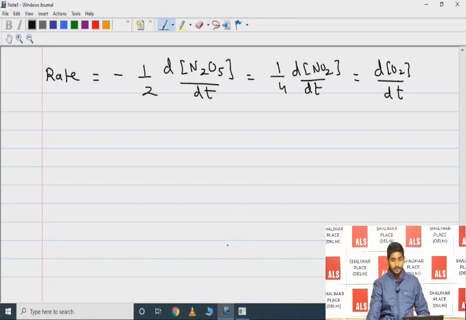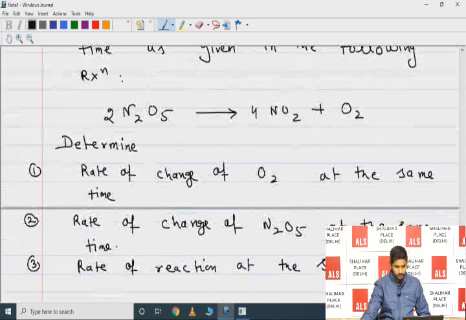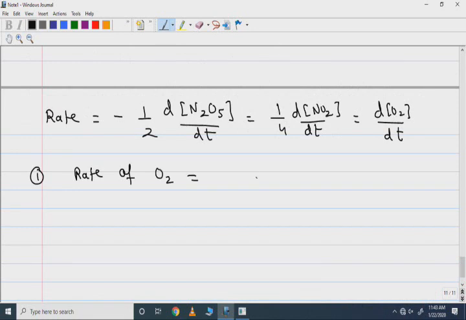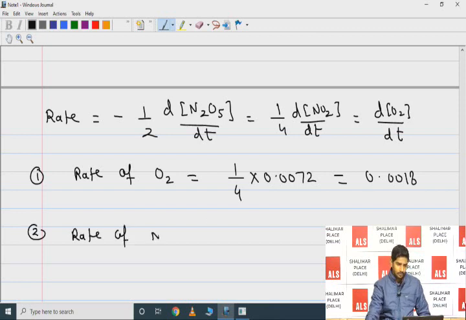Actually, in the question, they have already provided you the rate. Okay. So first of all, I have to calculate the rate of change of O2. So rate of O2, I can say this is nothing but 1 by 4 into 0.0072. So this one is 0.0018. Next is rate of N2O5.